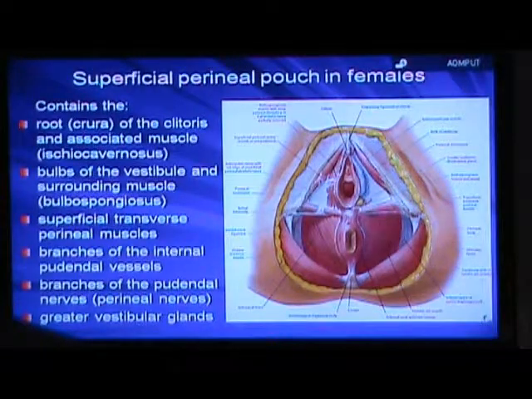In females it contains the root, the crura of the clitoris and the associated muscle, the ischiocavernosus, bulbs of vestibule and the surrounding muscle, the bulbospongiosus, superficial transverse perineal muscles, the branches of internal pudendal vessels, nerves, and the greater vestibular glands.